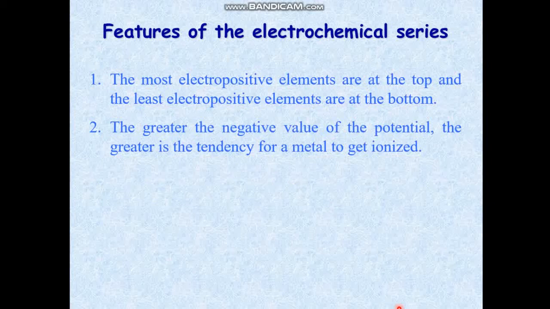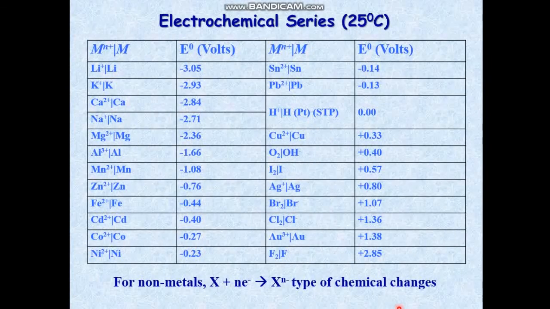Let us go back to the series once again. Suppose you have a solution of potassium chloride, then some lithium metal has been added to it. In that case, lithium is more active in losing its electron, so it will lose the electron and become lithium chloride, and potassium will come out as potassium metal.